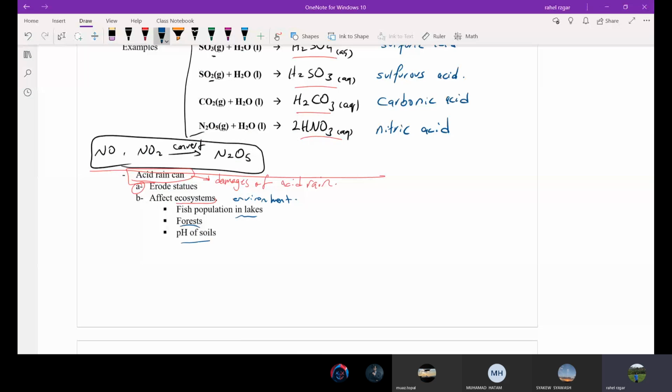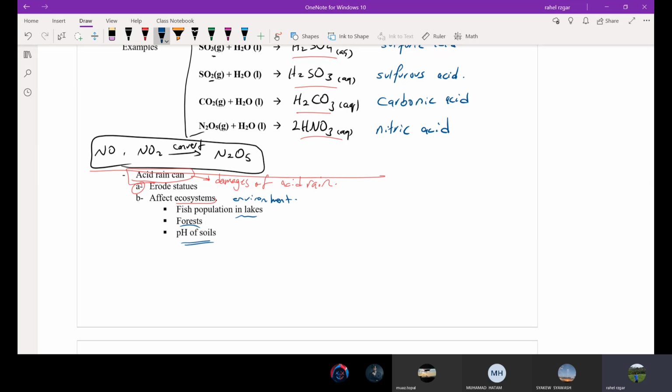What else? pH of soil. You have studied in biology pH of soils. Soils are very important for plantation, and plants can grow in certain pHs in the soil. If the pH is changed very much, some certain plants cannot grow inside those soils.